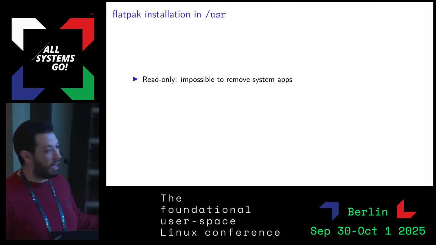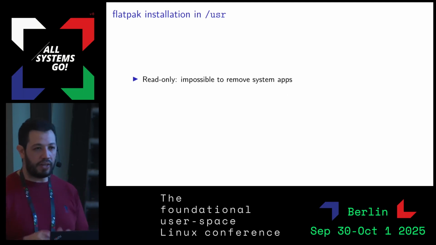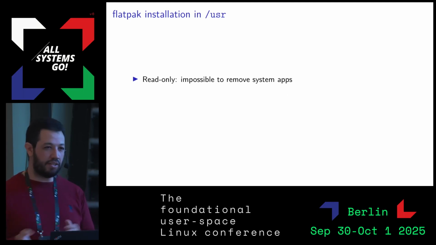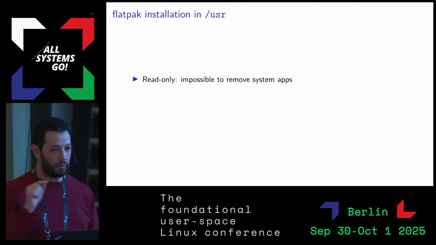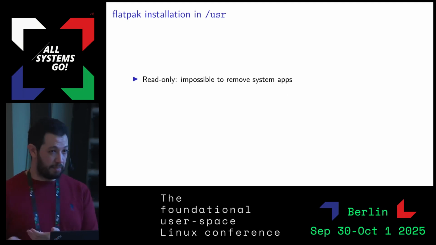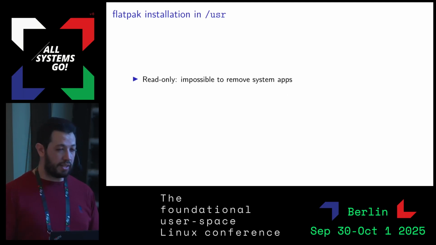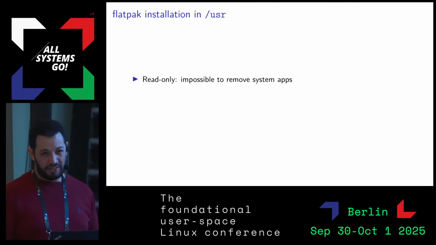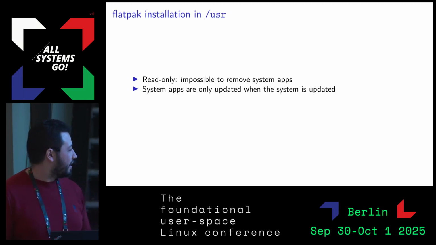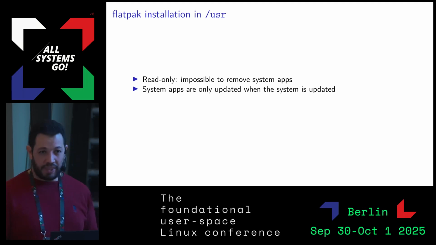We could have a Flatpak installation. So Flatpak, by default, has two installations: the user installation that you get when you install with --user, and the system install. But you could have also other installations and configure Flatpak to look at them. But this installation, since it's in usr, would be read-only. The good thing is that they will be updated as part of the system.